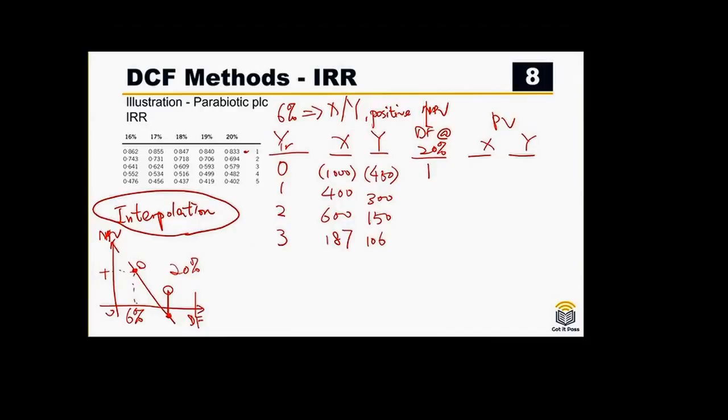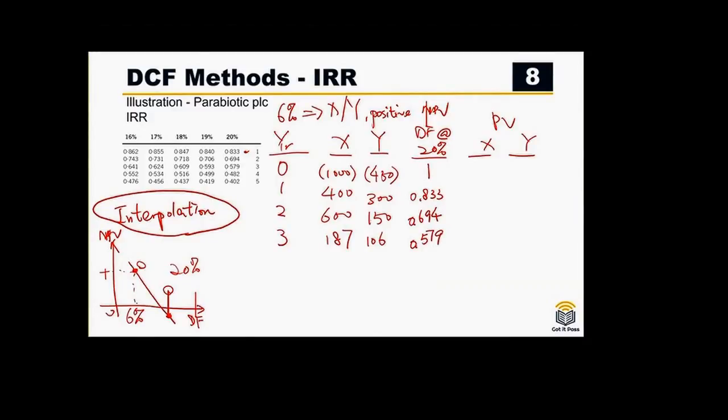And for the first year it is 0.833, and for the second year 0.694. For the third year it is 0.579.